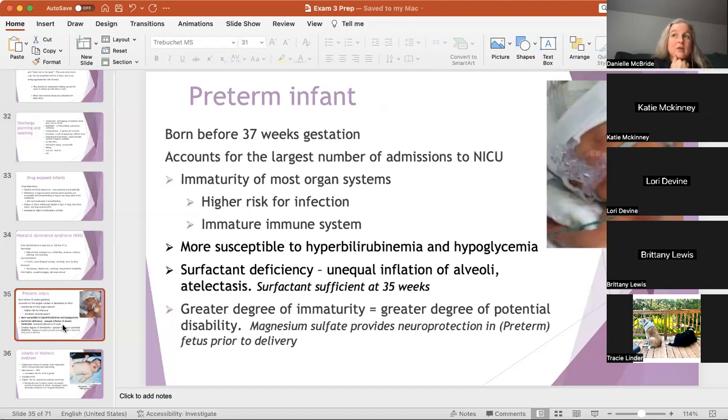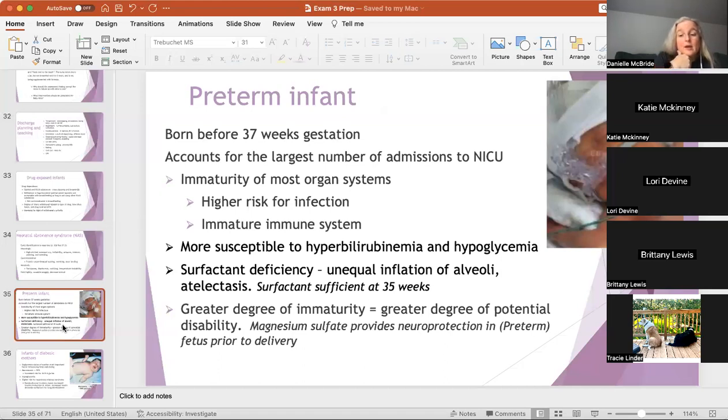If we didn't get steroids on board before she hemorrhaged, then we have an unequal inflation of the alveoli and atelectasis, and we're not getting good gas exchange. Can I give this baby surfactant after they're born? Yes. Usually they have to intubate and put it down an ET tube.